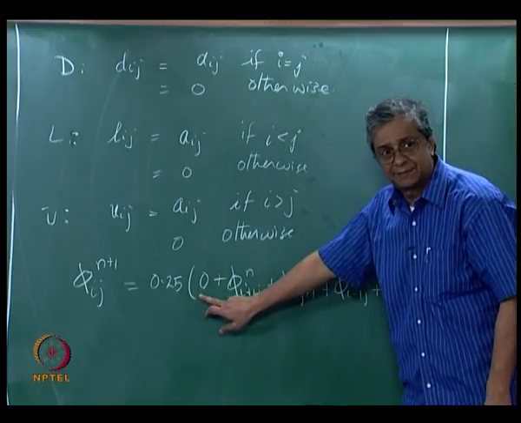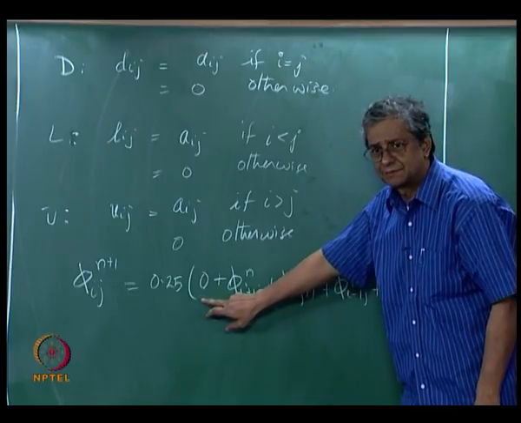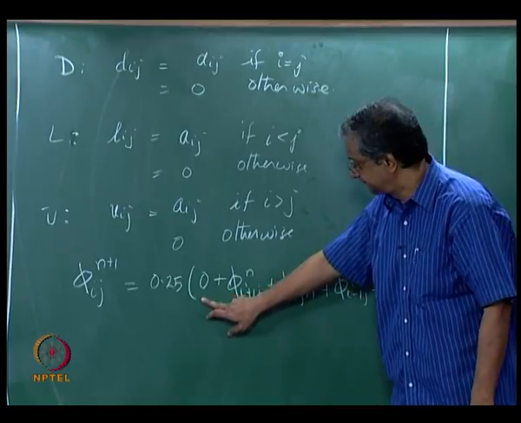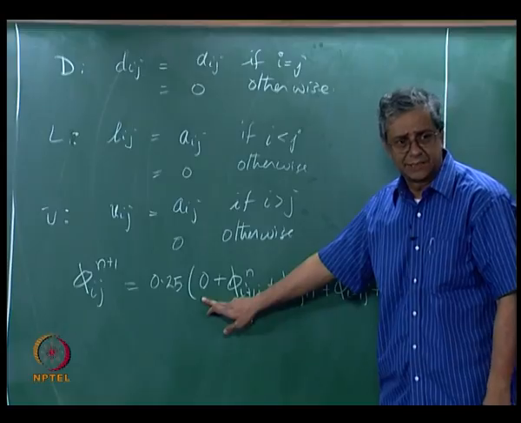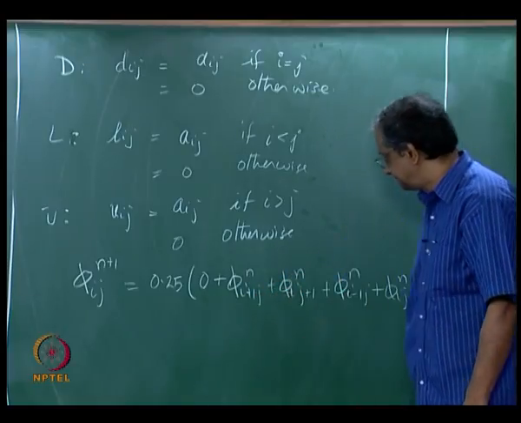The 0 here is basically the right hand side. The right hand side happened to be 0. That's the entry in B.